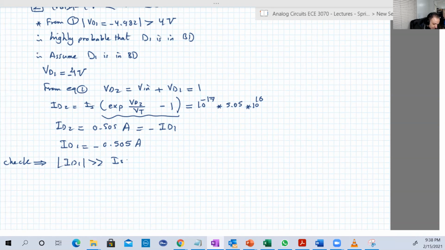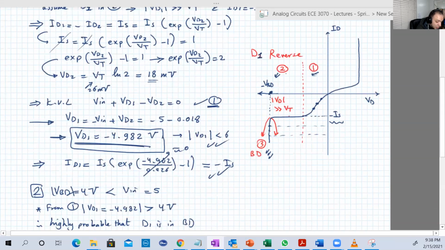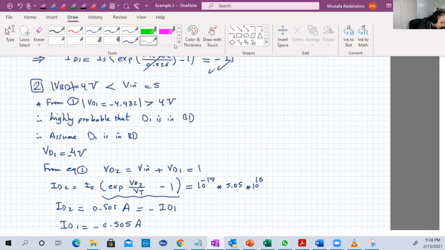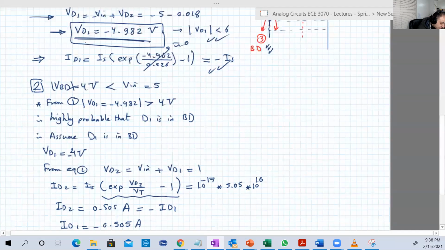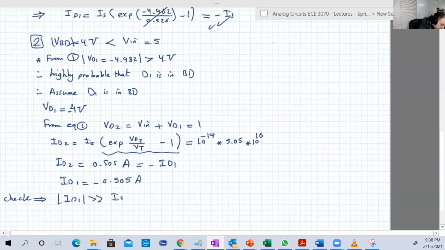Okay. So I'll assume that D1 is in region 2, and it's not in breakdown. And we'll prove that this is incorrect. So let's do that on the side here, with another color. Again, we finished this solution. This is just for your understanding.